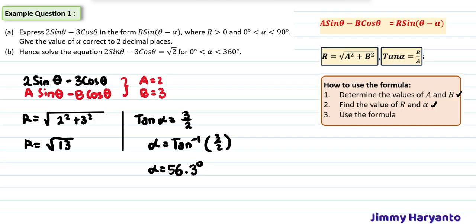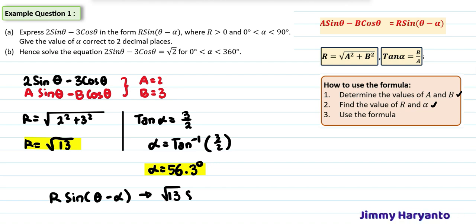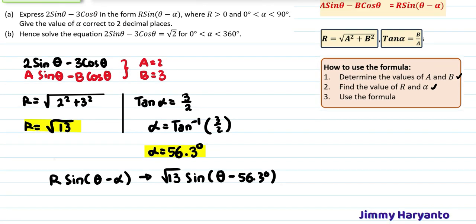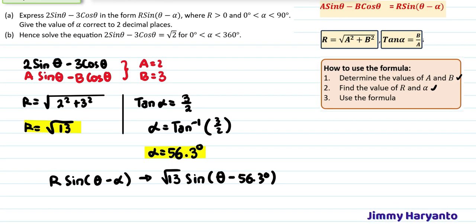Okay, so right now we already have the value of r and the value of alpha. We only have to rewrite the expression in the form of r sine theta minus alpha. So this will become square root of 13 sine theta minus alpha, where theta is the variable and the alpha is 56.31 degrees.